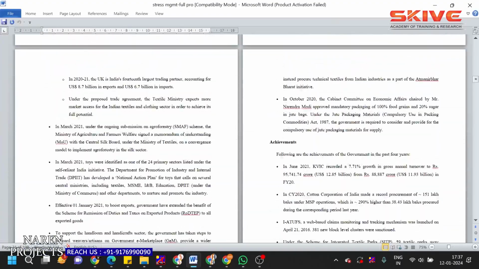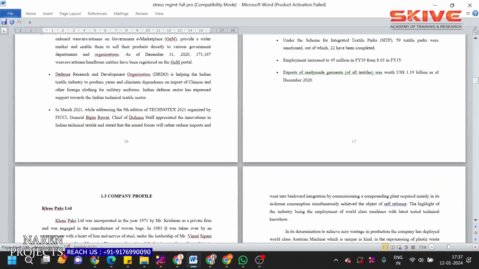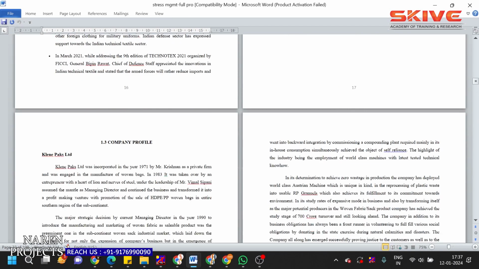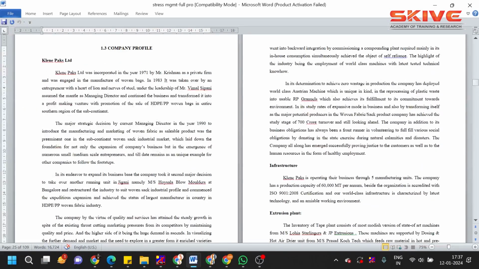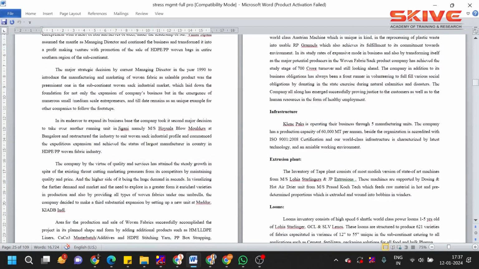The next part is the company profile about Klene Paks Ltd. This company profile was developed with reference to the content given.